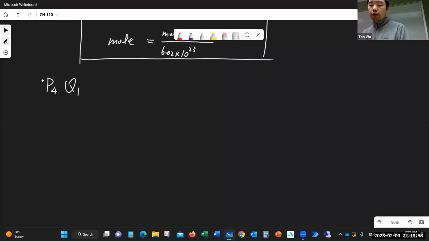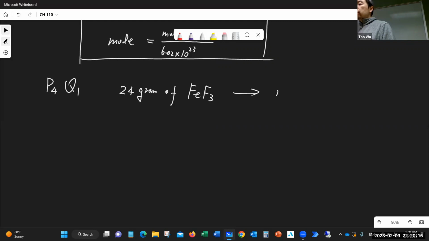It is talking about how many molecules there are in 24 gram of FeF3. So we're going to convert this to the molecule numbers. The question does not say molecule numbers, but they talk about how many molecules.